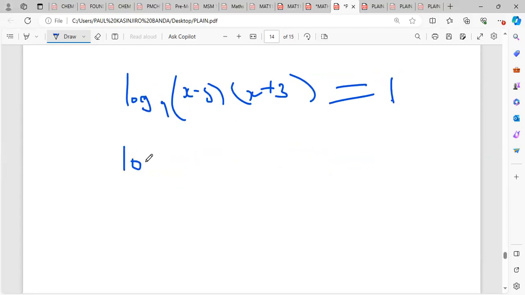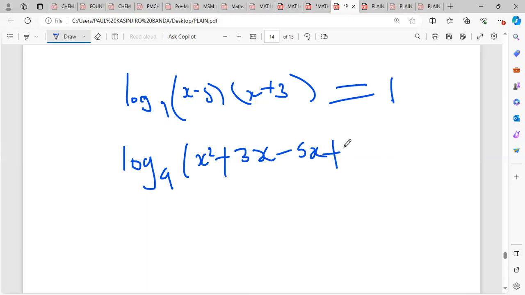So here you can multiply. You have log 9. What is x multiplied by x? It's just x squared. x multiplied by 3 is 3x. Minus 5 multiplied by x is minus 5x. Then minus 5 multiplied by 3 gives you minus 15. Is equal to 1.